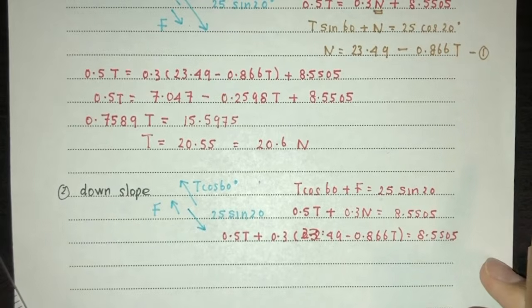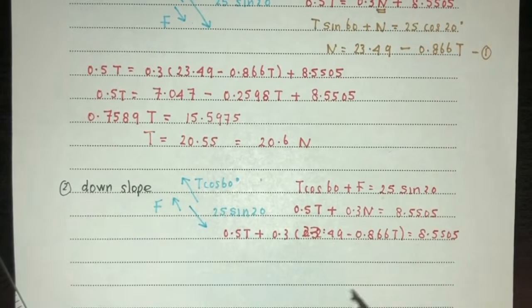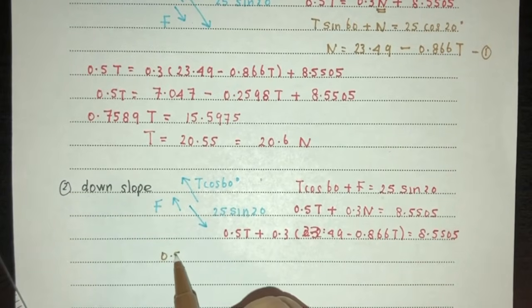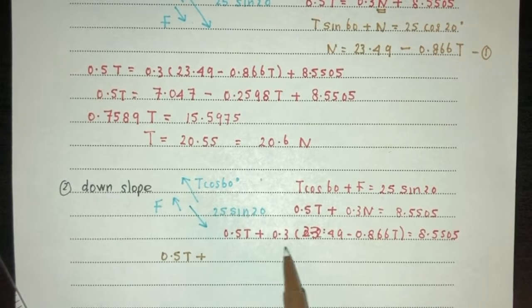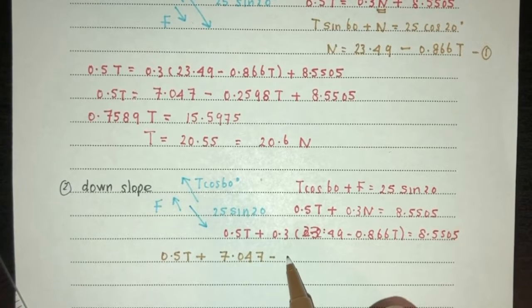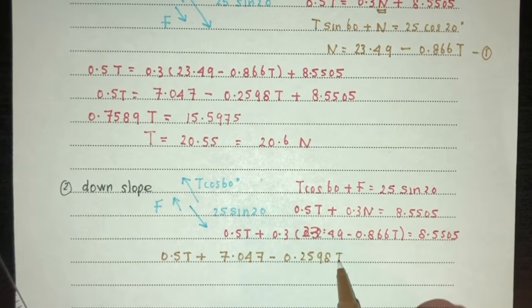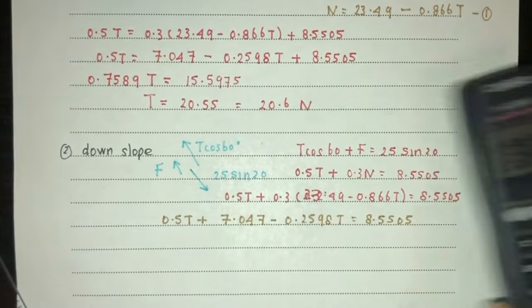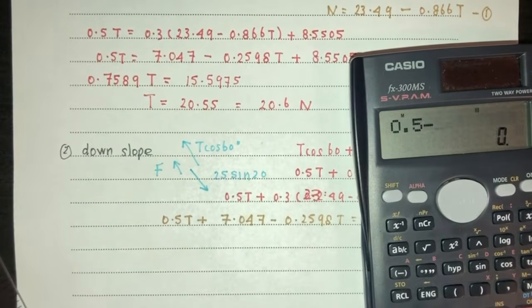Now let's move forward by expanding this. You can see already the expansion. So we have 0.5T plus, that should give you 7.047 minus 0.2598T equal to 8.5505. Now simplify the T's, you will have 0.5 minus 0.2598.